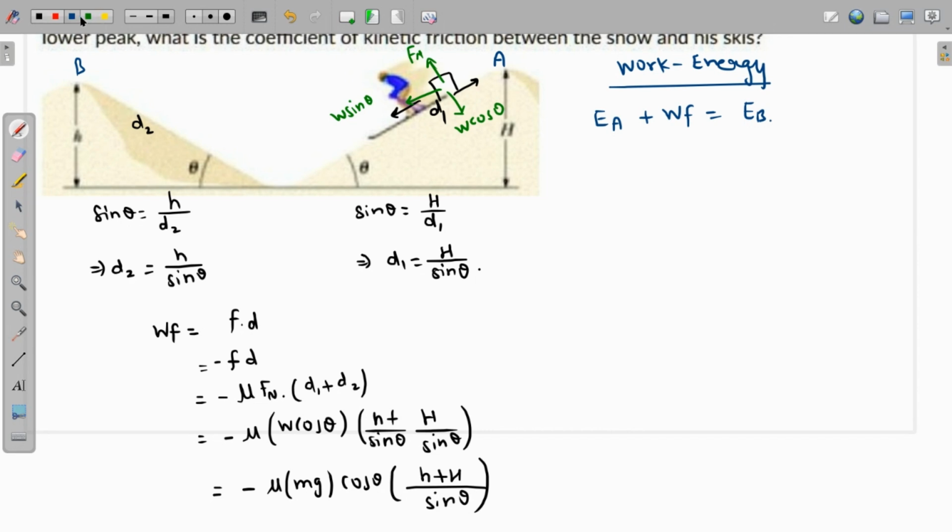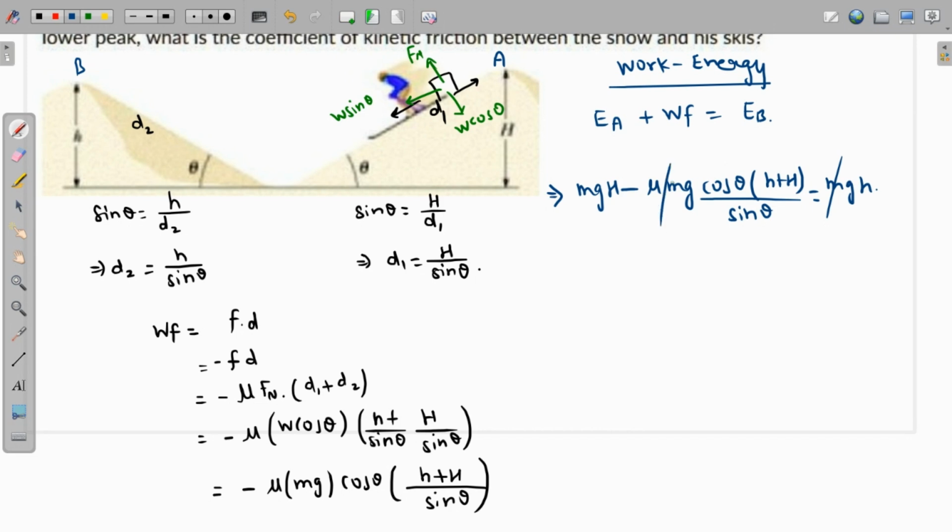All right, so let's substitute everything over here. What is the energy at A? Since it starts from rest, the energy is only the potential energy, so that's mg capital H. And the work done by the friction is minus mu mg cos theta times H plus h over sine of theta, and that is equal to mg small h.